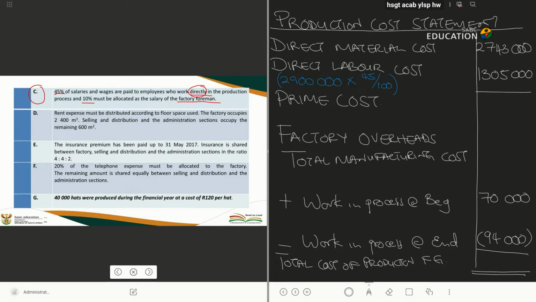Before you forget, if you say direct material plus direct labor, what does it give you? Very correct, it gives you prime cost. So you're going to add these two figures now: 2,743,000 plus 1,305,000.